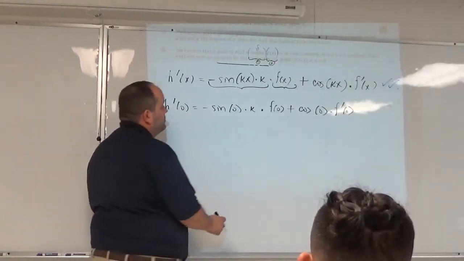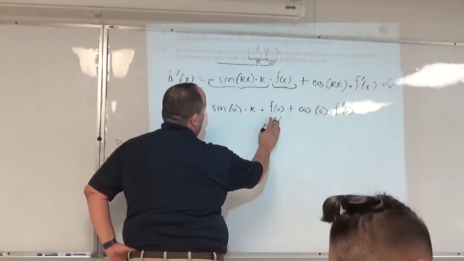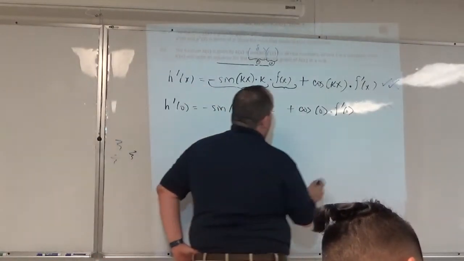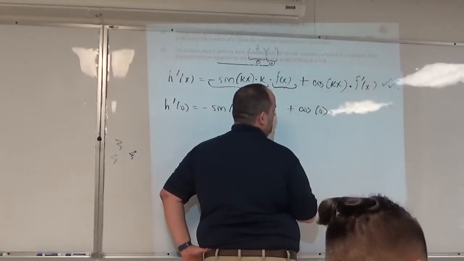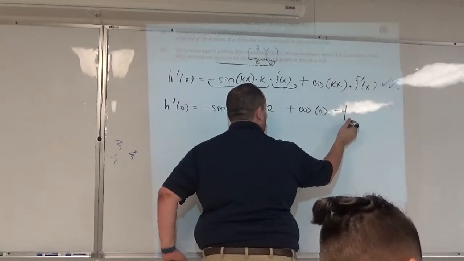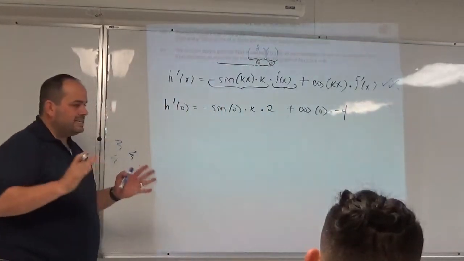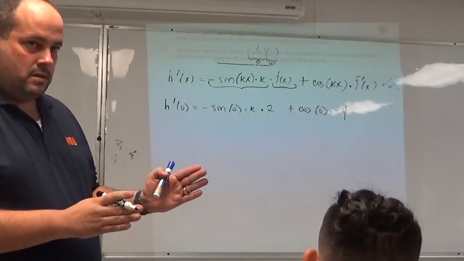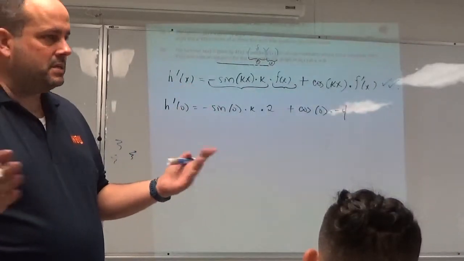For example, what's f of 0? f of 0 is 2. f prime of 0, I think I gave that to you as well: negative 4. I'll say it again. If everything is a number or a constant, stop.